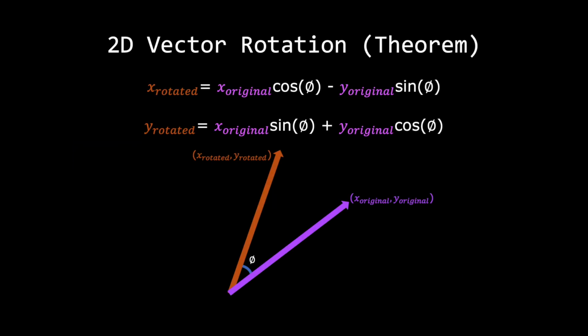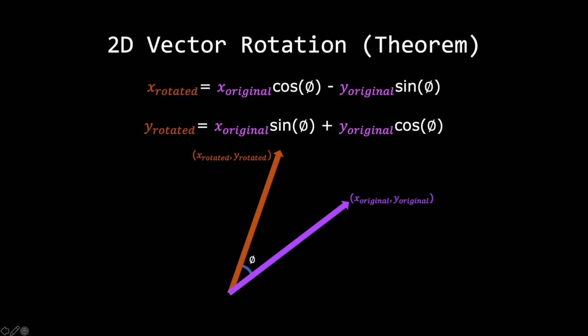Now let's go ahead and see what we need to do for vector rotation, and it's actually quite simple. What we have is an original vector with an x and y value, and based on the amount of degrees, or in this case theta, which we need to convert to radians, we can actually change the rotation of our vector without changing the magnitude. And the formula is on the screen.